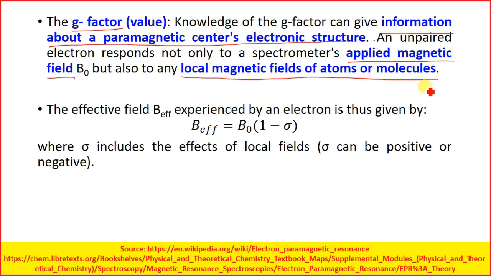Those are like the signals from the protons, say H1 proton. If they are creating a magnetic field, they may also interact with the electron spin and may affect the electrons. It is just the opposite. When we are talking about NMR, we are talking about the protons.